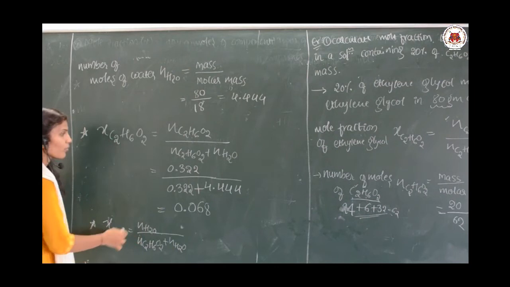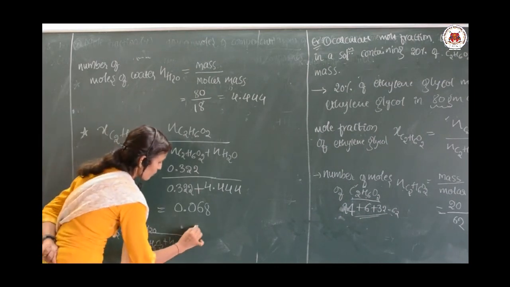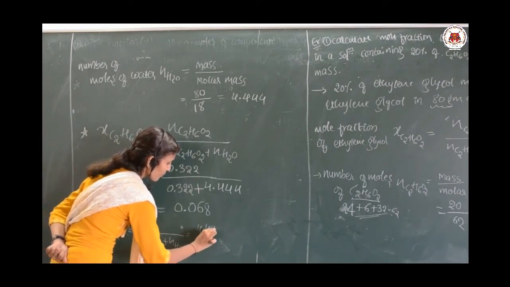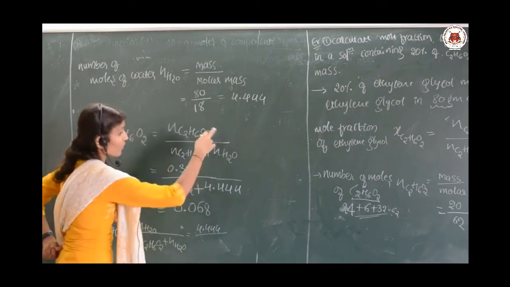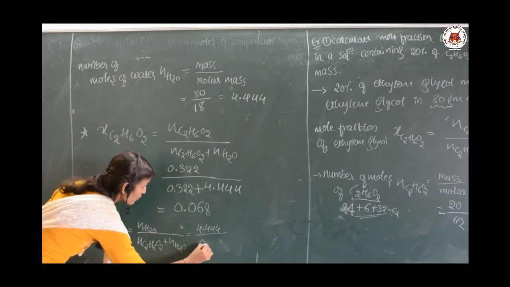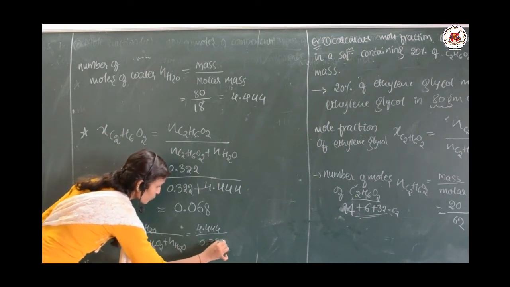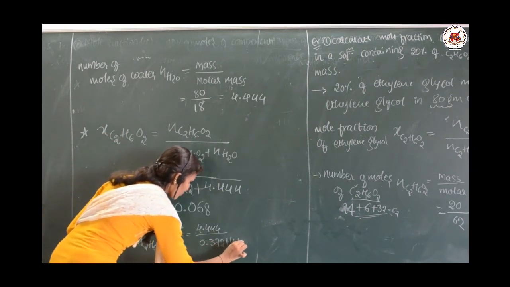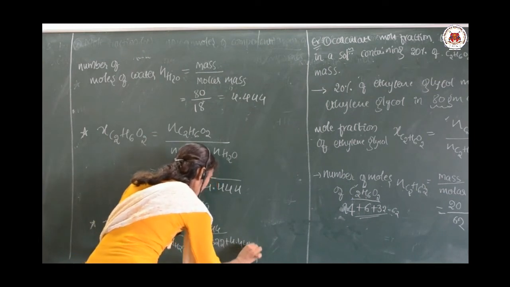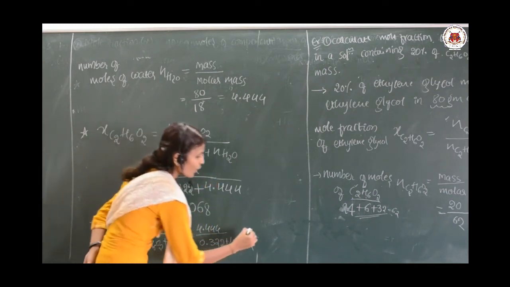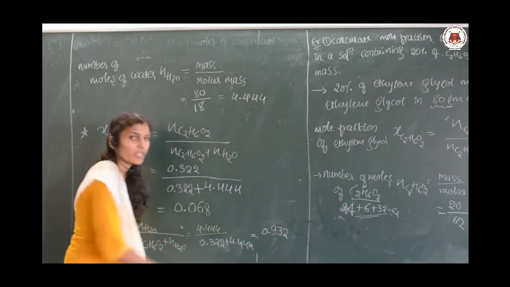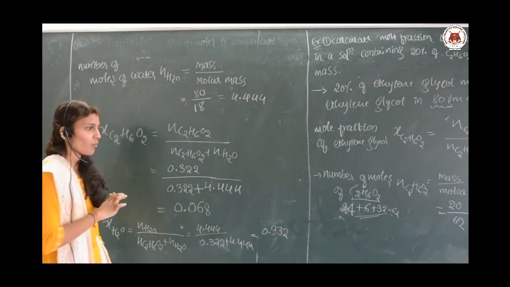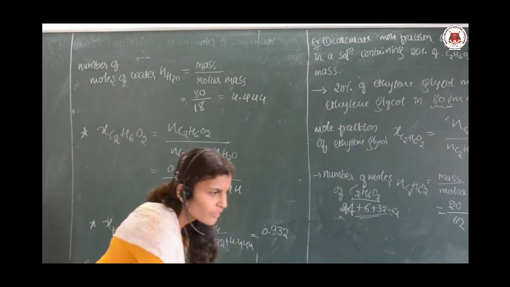Here the number of moles of H2O, 4.44. Again here the number of moles 0.322 plus 4.44. So here the value will be 0.932.